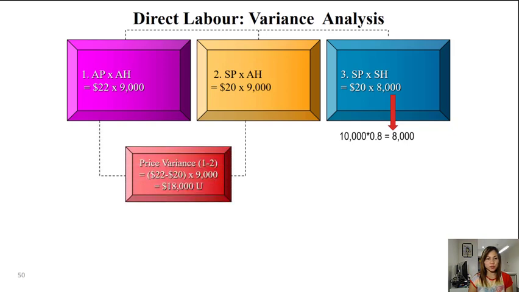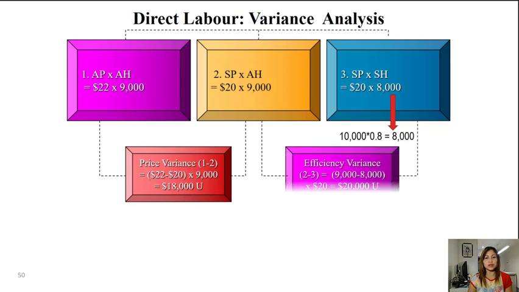Price variance: actual price $22 minus standard price $20 times 9,000 actual hours. Still the same, we have $18,000 unfavorable.